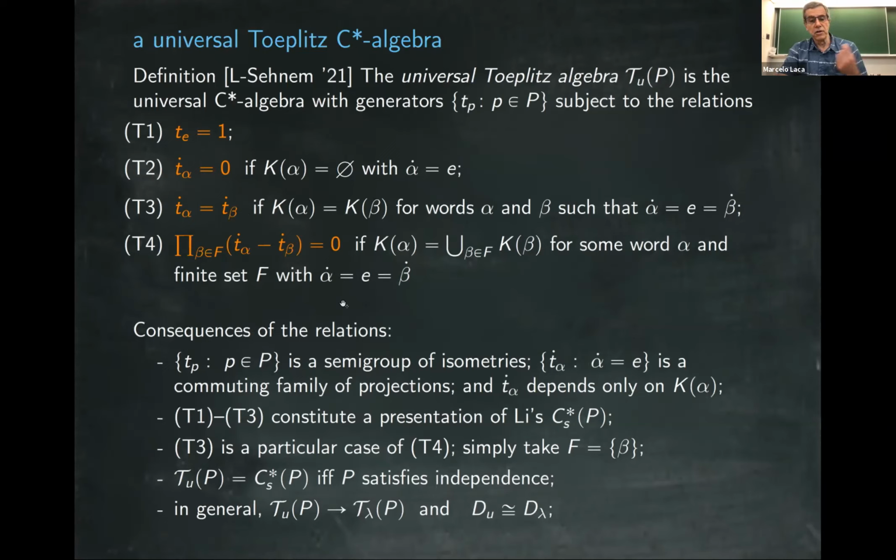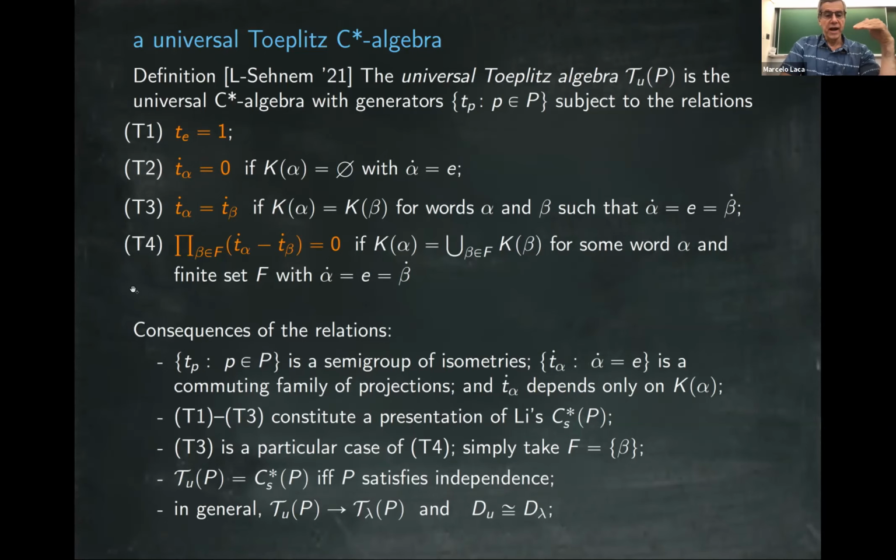But if they depend only on the constructible right ideals, because of properties of the concatenation of words, this becomes a semigroup of isometries. And the T dot α's become a commuting family of projections. And they satisfy Li's condition. In fact, if you cut at T3 here, T1, T2, and T3 constitute a simplified presentation of Li's C*_s(P).